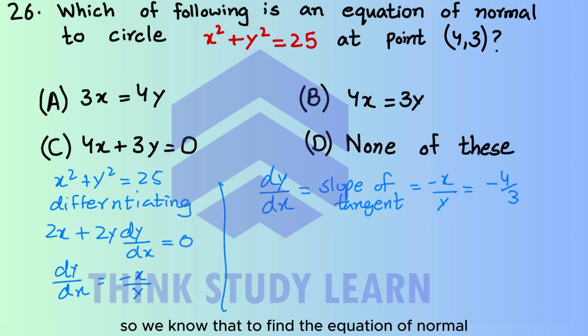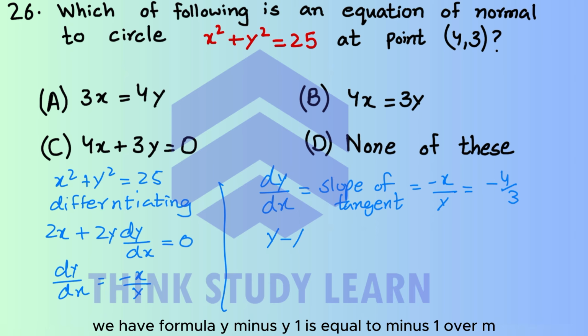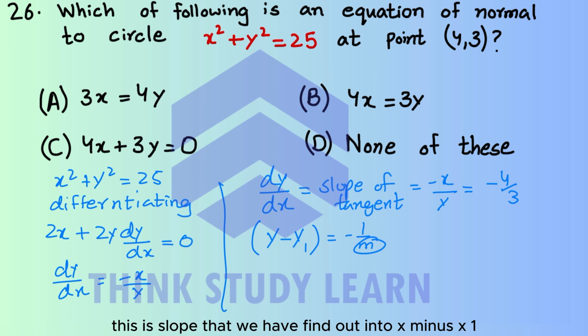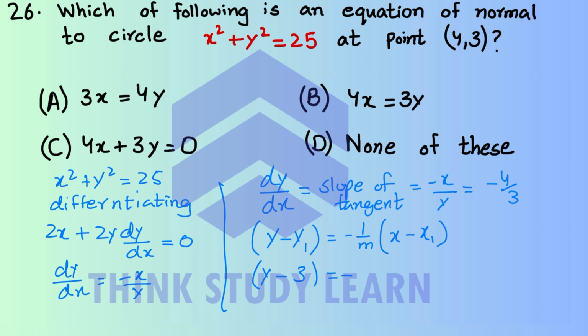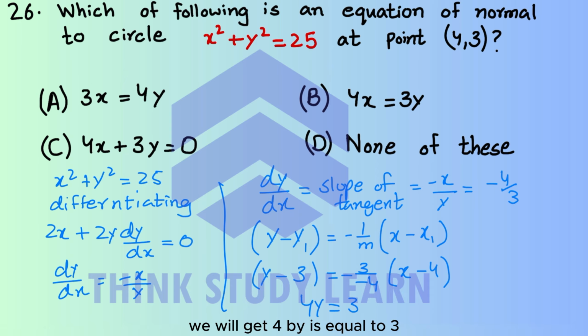We have the formula y minus y1 is equal to minus 1 over m, where m is the slope that we have found, into x minus x1. So we put the values: y minus 3 is equal to minus 3 by minus 4, into x minus 4. When we solve this equation, we get 4y is equal to 3x. A option is the required answer.